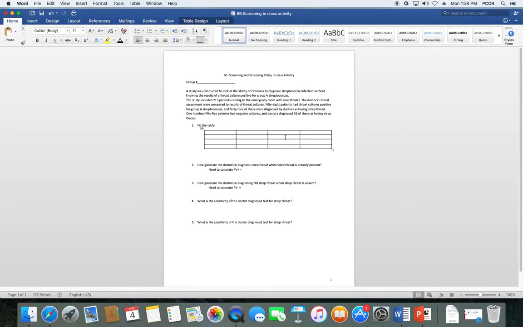First, what is our disease? Strep throat. So always and always remember, disease goes on the column section, specifically on this cell that's throat culture positive.